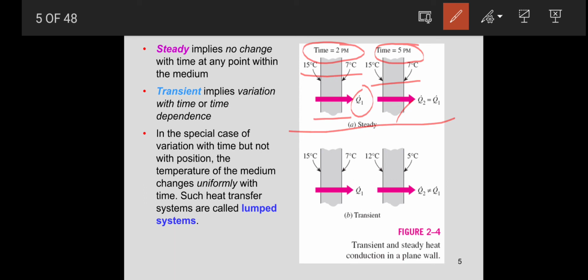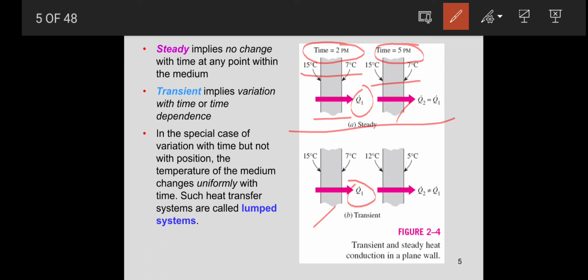On the other side, transient implies variation with time, or time dependence. That means if the temperature of the wall is changing according to time, then whatever heat transfer takes place is considered transient heat transfer. We have the same wall: at 2 p.m. we measured the wall temperatures as 15 degrees Celsius and 7 degrees Celsius, so heat transfer is Q1.